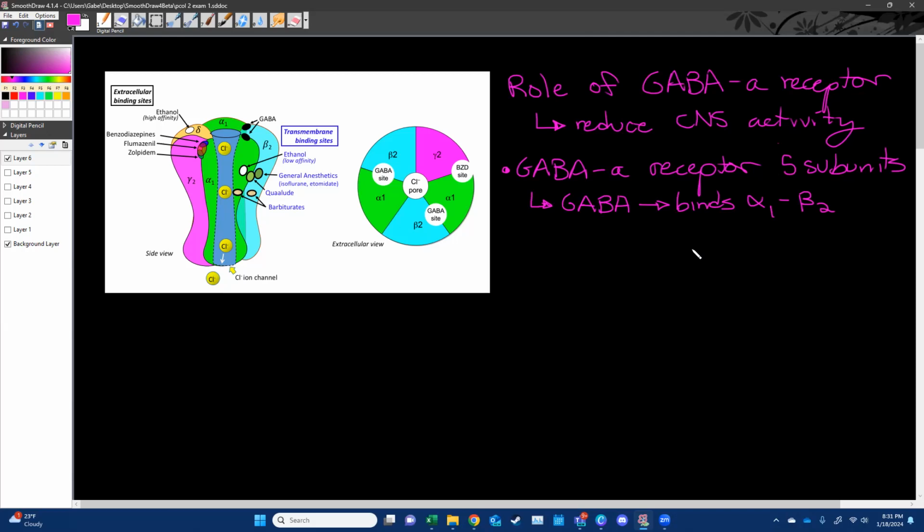Depending on which subunit you bind to, you end up getting different effects. It's always going to be between alpha and beta, but if you're alpha 1 to beta 2, then we are talking about significant sedation. This is where we see dependence and the anticonvulsant effect.